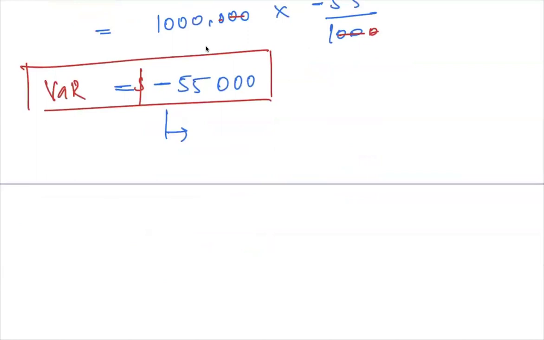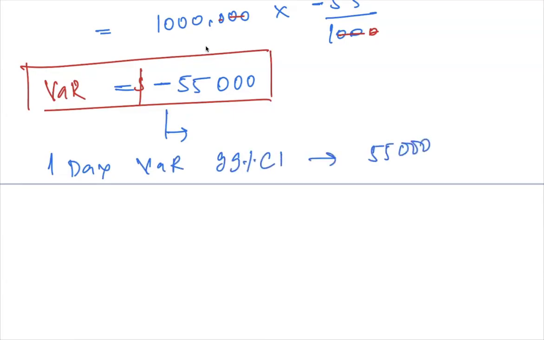So what will I say is my 1 day value at risk at 99% confidence interval is how much? 55,000. Okay, what does this mean? This basically means negative $55,000.